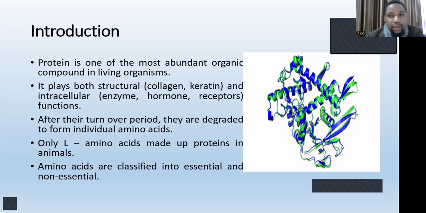Even though in between them there are what we call conditionally essential, basically the two classifications are essential and non-essential. Conditional essentiality comes about when the production is less, or when on a certain condition the need is high and the production efficiency is not enough to meet the need.